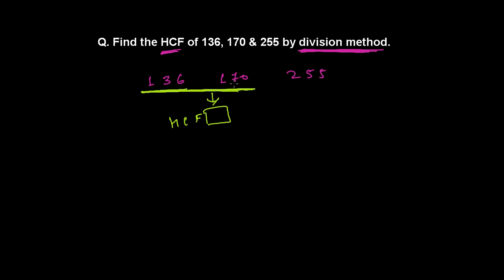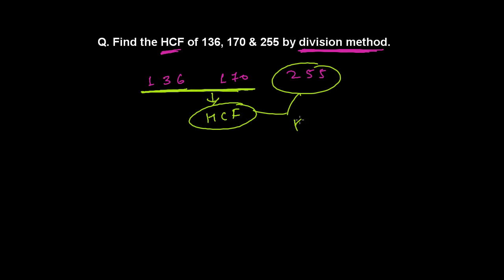Once you get the HCF of these two numbers, then again find the HCF of that result and the remaining number. So HCF 1 it is and HCF 2 it is. This HCF 2 is the final HCF of all three numbers.